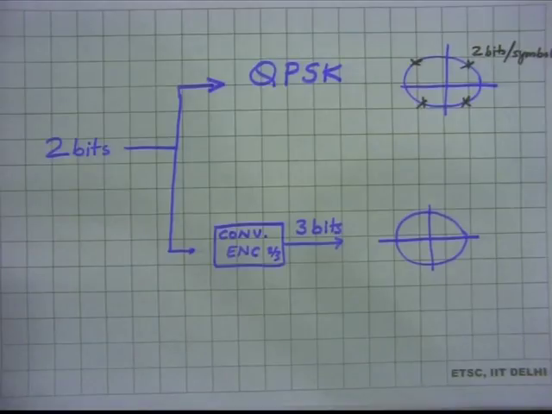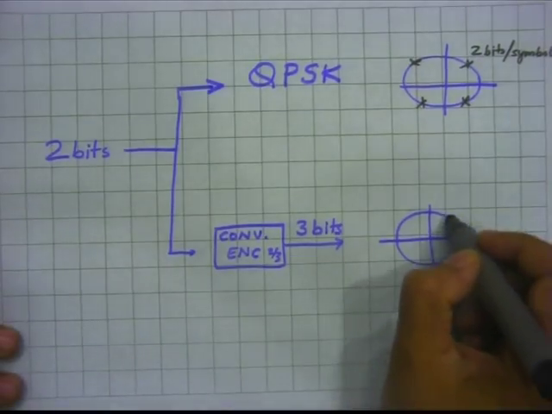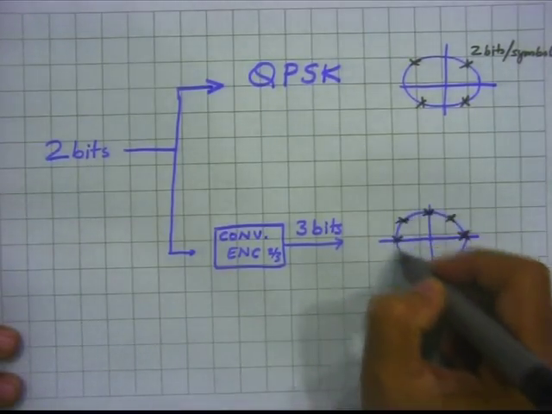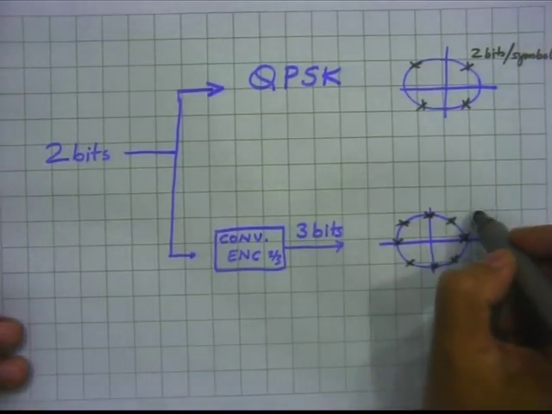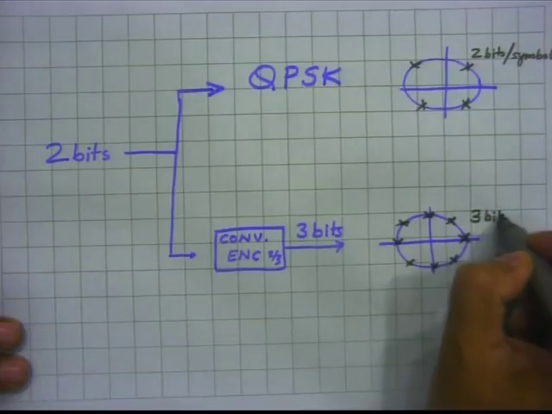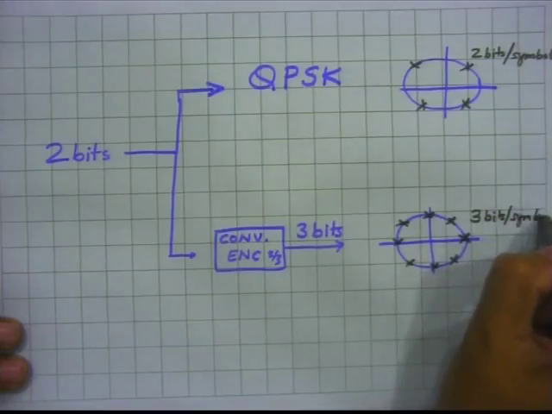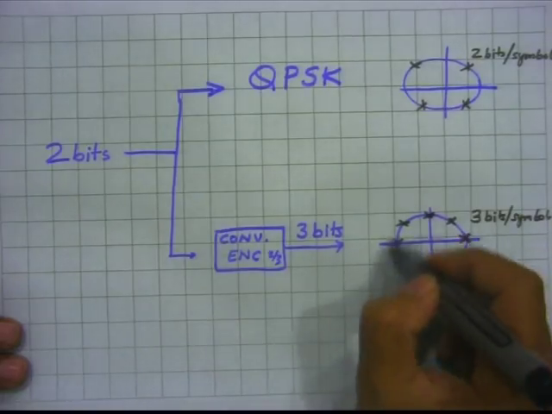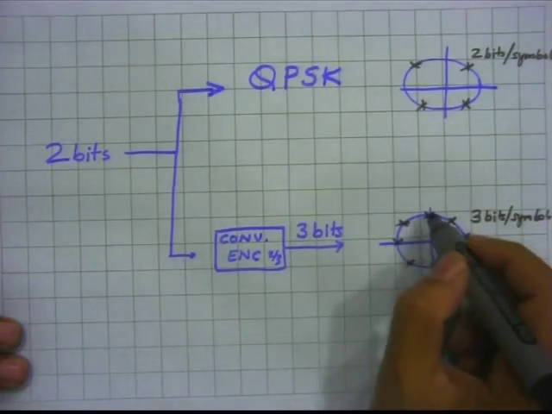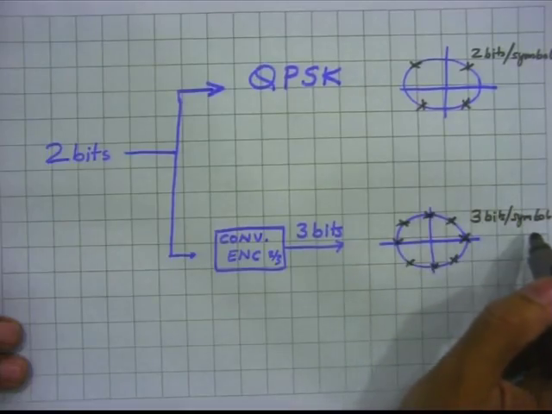So, if you look at it, this is my 8 PSK, this is the constellation diagram. Here I have got 3 bits per symbol. Please note that the radius of the circle is proportional to the energy per symbol.